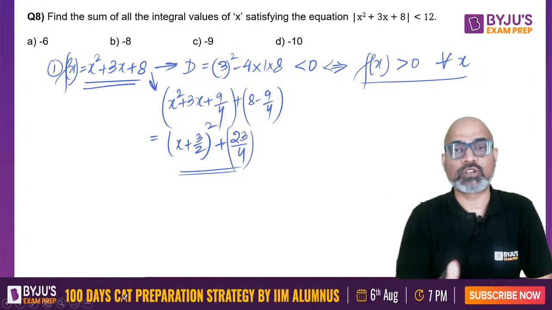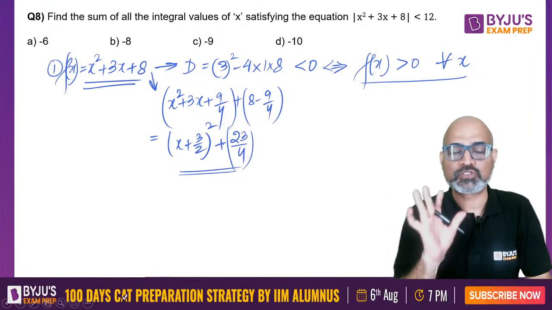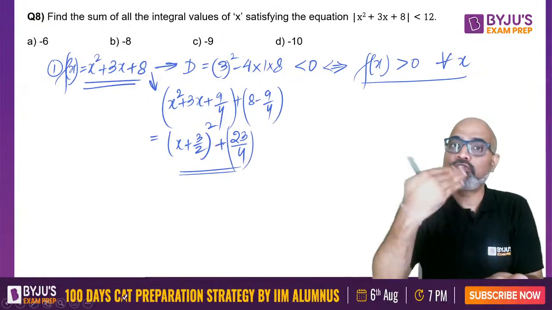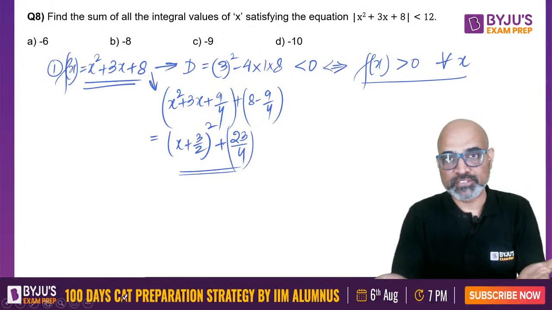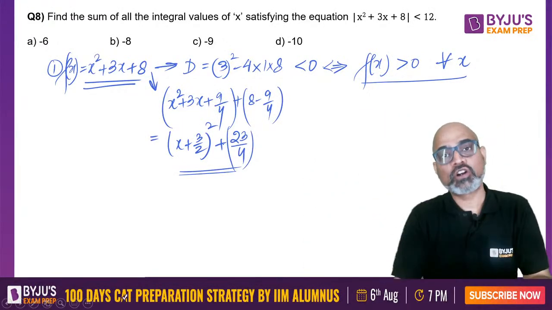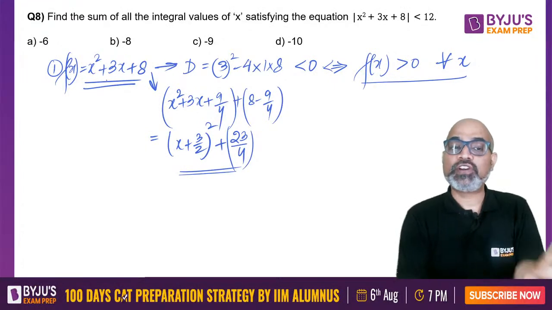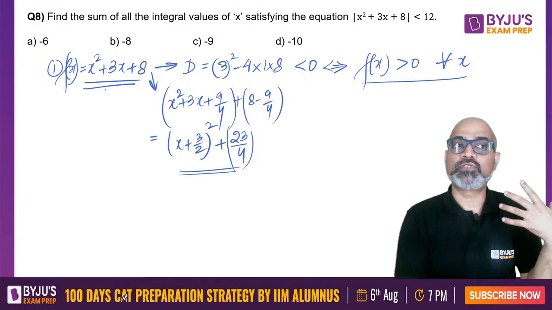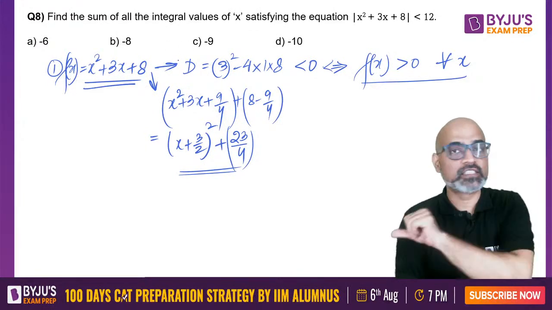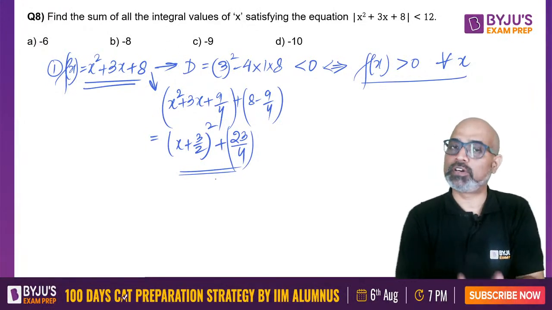Can it be -1, -2, -3, -0.1, -1 by 100? कोई भी minus नहीं हो सकता. Because when you take a number and if you square it, it is already not negative. फिर उस पे हम +6 कर रहे हैं. That is further not negative. So given quadratic polynomial, whether it will be always positive or always non-negative, दो तरीके होते हैं. Either discriminant is negative or you make the perfect square.